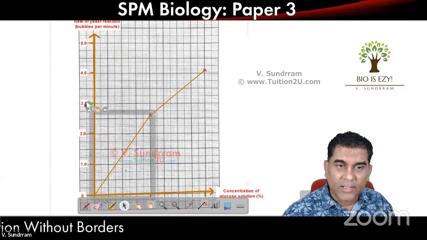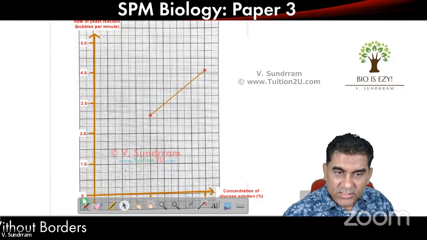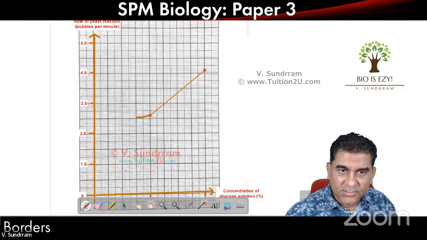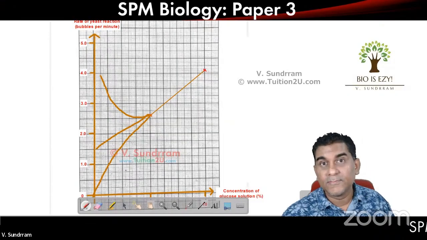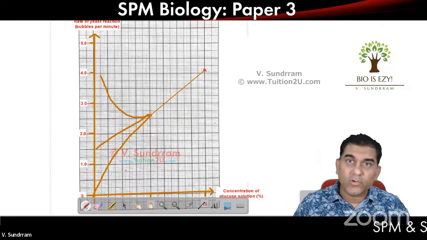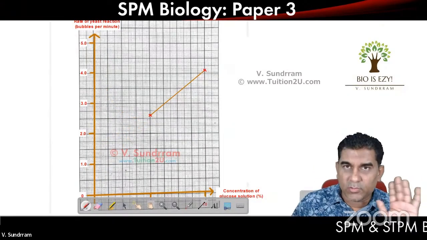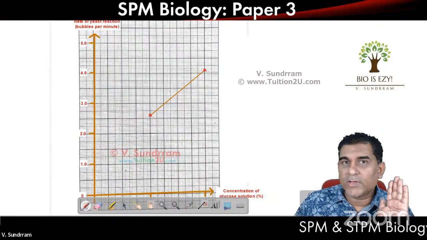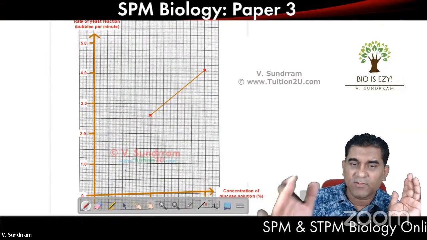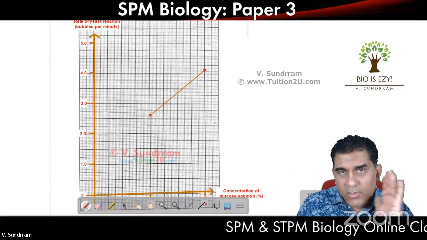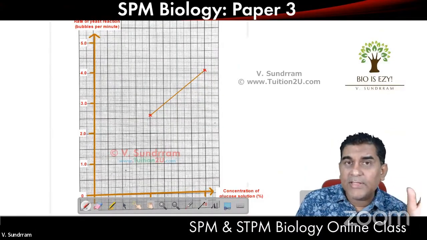Extend the line, 1 mark gone. This graph might go like this, might go like this. We don't know. If you don't know, don't draw. So just draw what you know. You know 5% is 2.6, 10% is 4.1. Draw that enough. Don't simply extend the line.